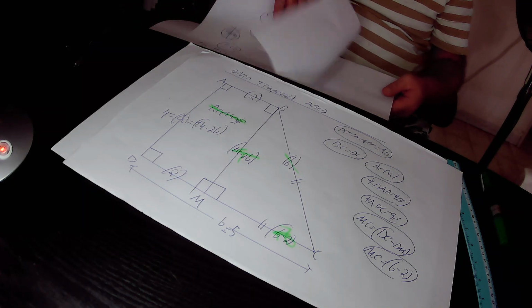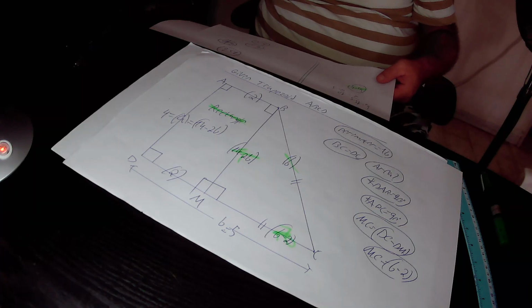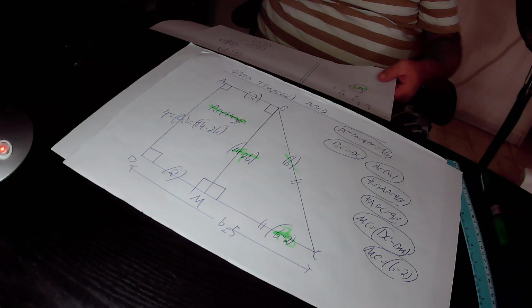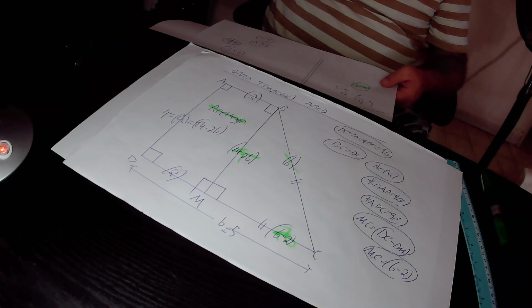Actually, in the second question, we have to find out the area of another trapezoid with the same name. The name of the trapezoid is also ABCD, but it is a different trapezoid.